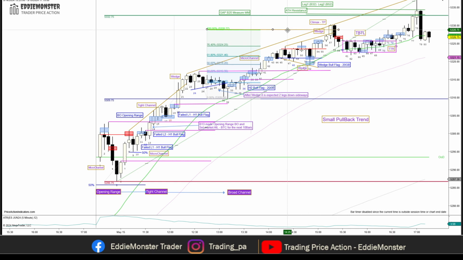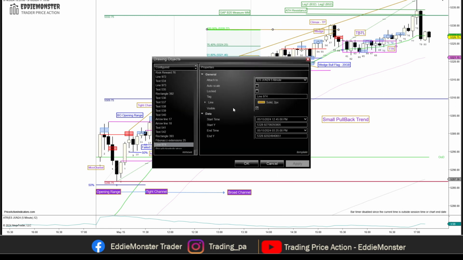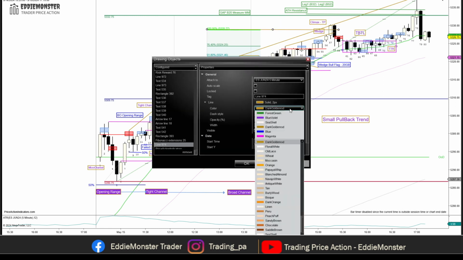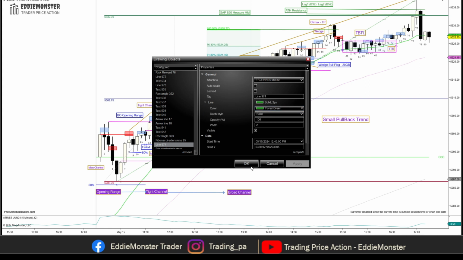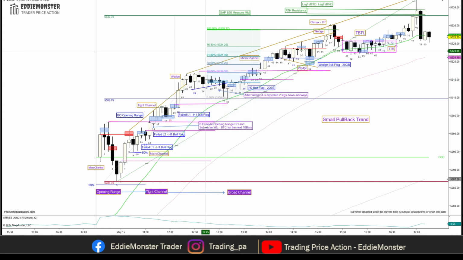We have exhaustion. There was the first target. That's why we have taking profit activity there, right? Again, repeating: this is the breakout leg, the first leg up. 1, 2, 3.